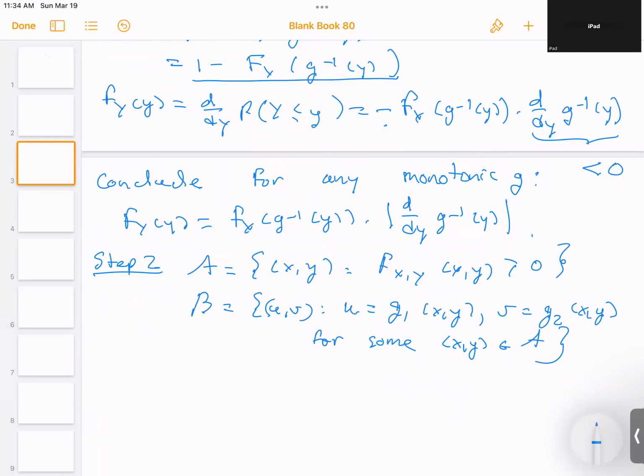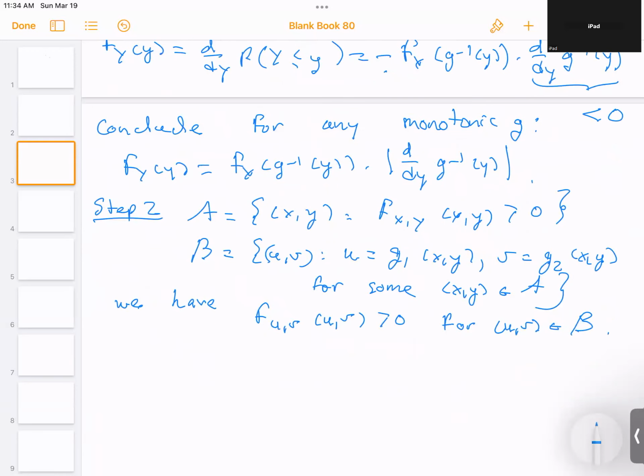So when we have this set up, what do we have? We have f_{U,V}, which I should have written down first, greater than 0 on B. So what is this?